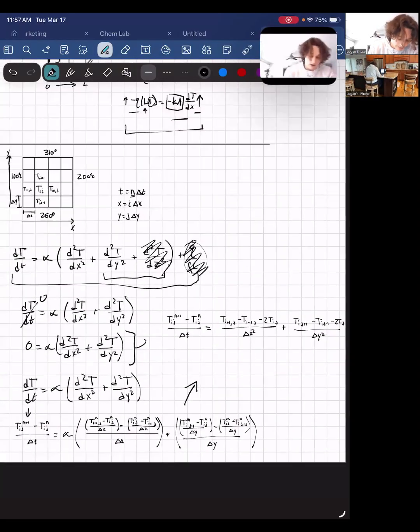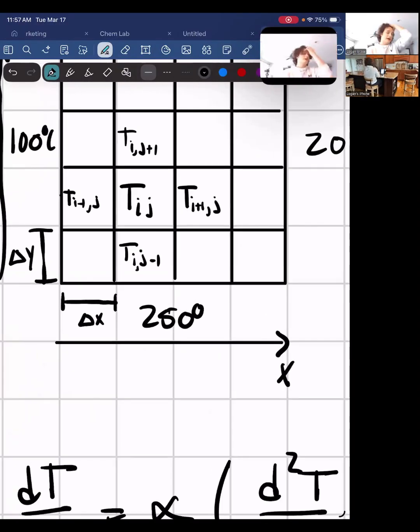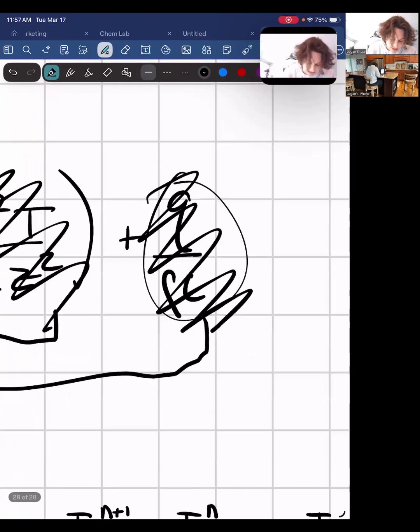Now, from this, we are going to assume that delta x and delta y are the same, right? I know that I didn't draw it perfectly, but delta x and delta y are intended to be the same.